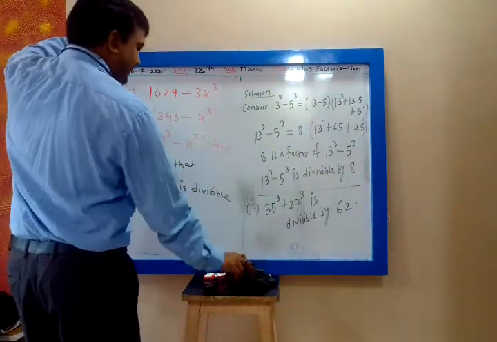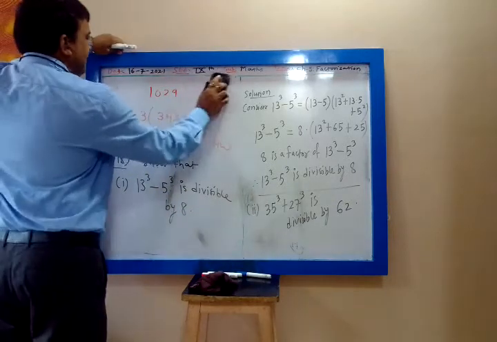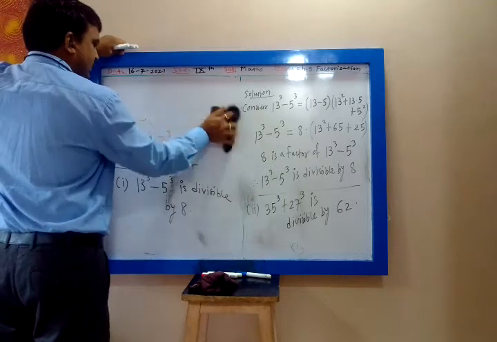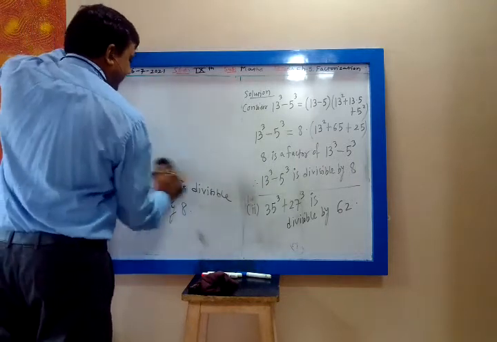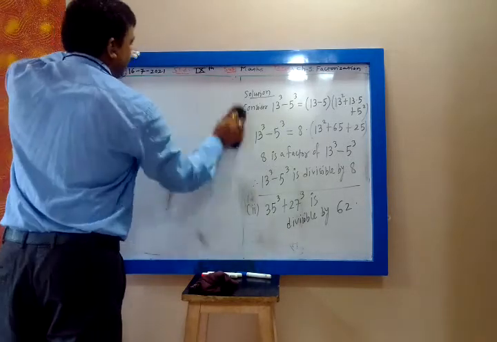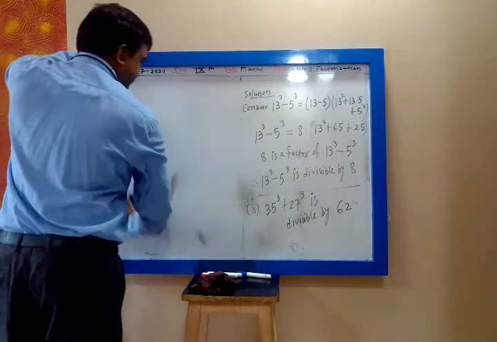In the same way you will do this. You will consider 35 cube plus 27 cube, and apply the a cube plus b cube formula.